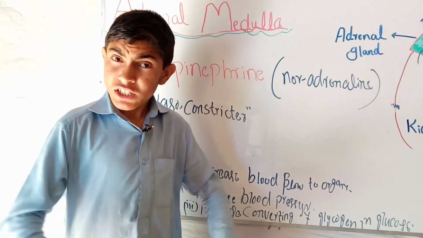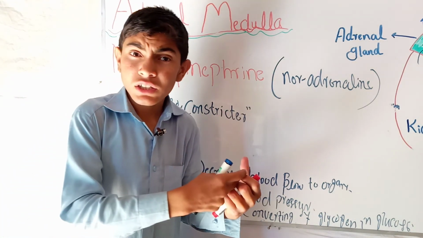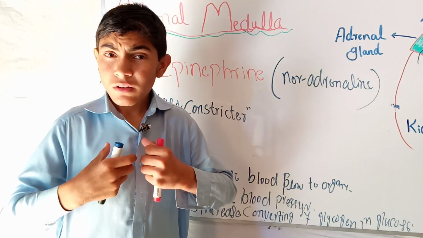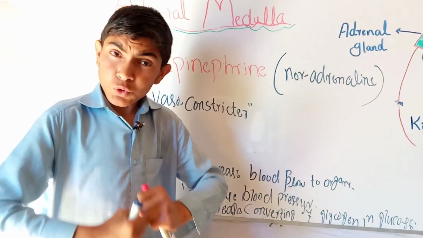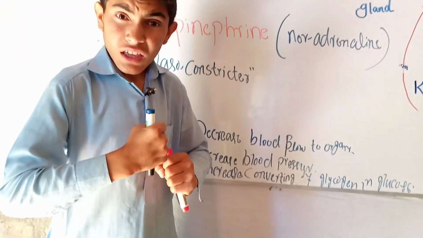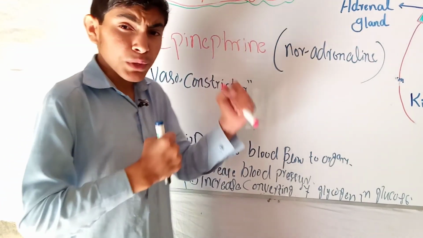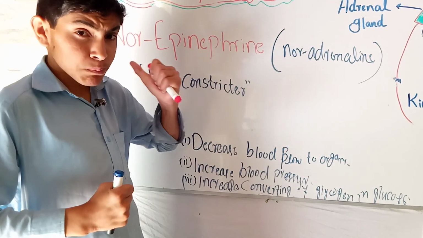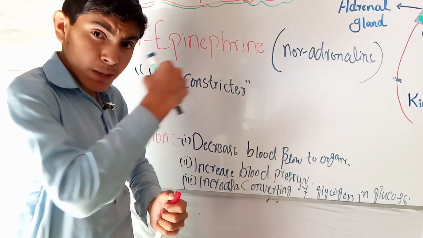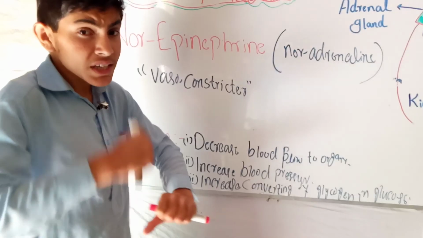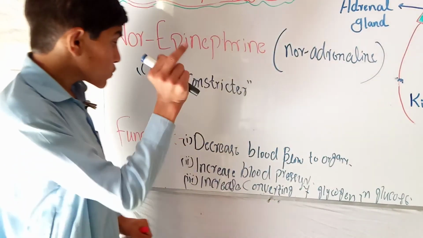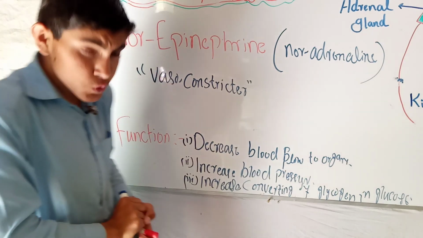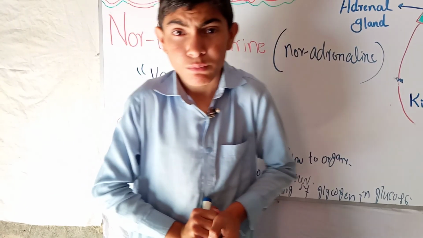Both hormones increase the heartbeat. Both hormones increase the breathing rate. Both hormones increase the flow of blood to lung. But they are different in that epinephrine is for fight or flight and a vasodilator, but norepinephrine is not for fight or flight and is a vasoconstrictor. So students, I hope that you have learned more from my lecture.